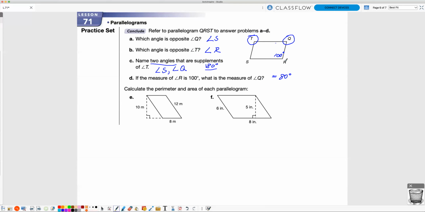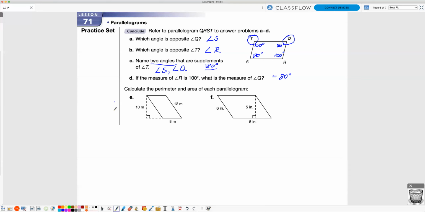We didn't need to know what angle T was to know that angle S and angle Q are supplements of it. We do know now that angle T is also 100 degrees because angle R is 100 degrees. So this one would be considered 100 degrees in this parallelogram. This would be 80 degrees over here. And we also know this is going to be 80 degrees on this side.